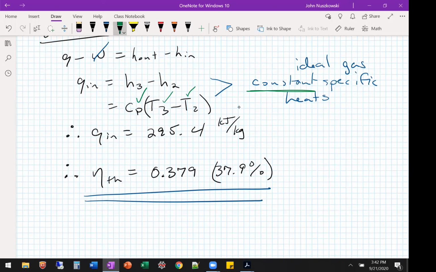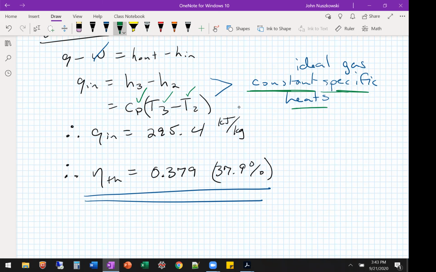So that equation does not hold true if it's variable specific heats, and if you're taking a CP that's different for the different processes. Let's say you took the CP average from T1 to T2, the CP average from 2 to 3, the CP average from 3 to 4, and so forth. Then that equation doesn't hold, it doesn't approximate that. So that equation is only for the assumptions that go along with that equation.